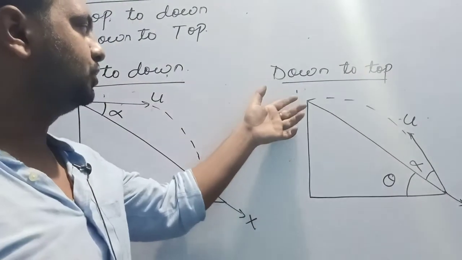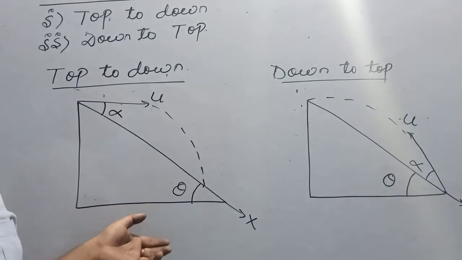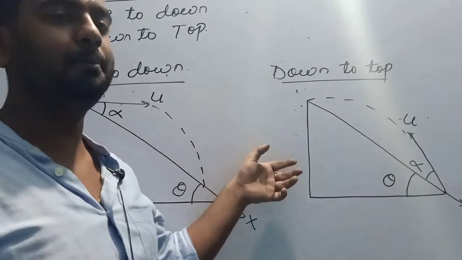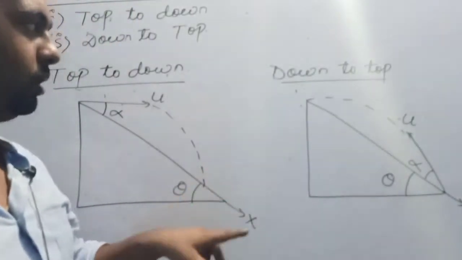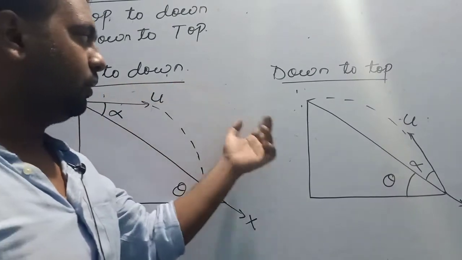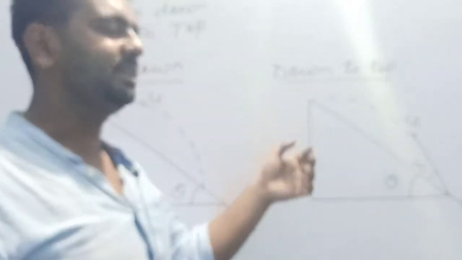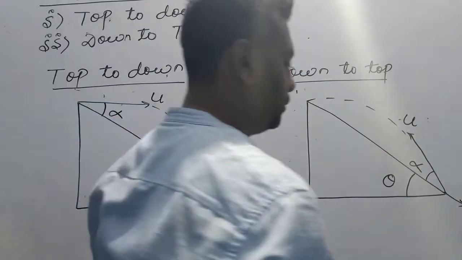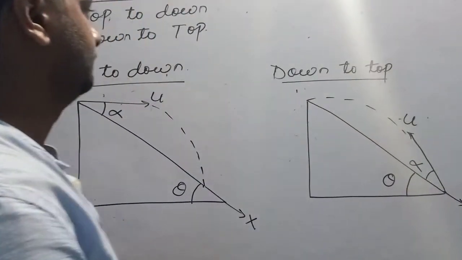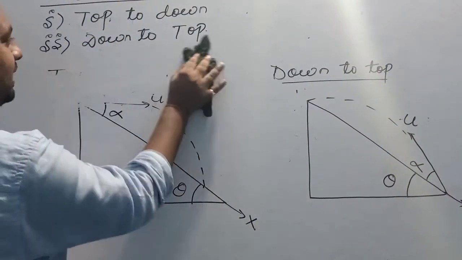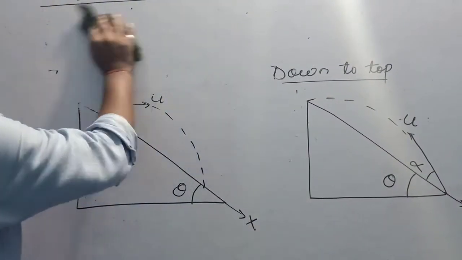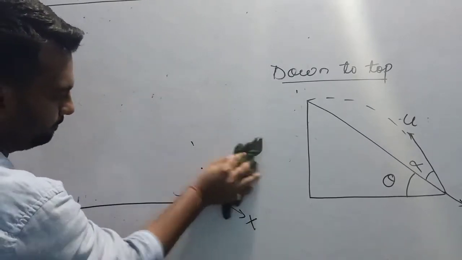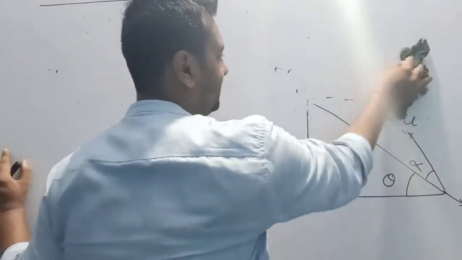If the concept of motion on inclined plane is clear to you, and also the concept of projectile from ground is clear, then this concept is not that difficult to understand. So I am going to discuss down to top projectile first.